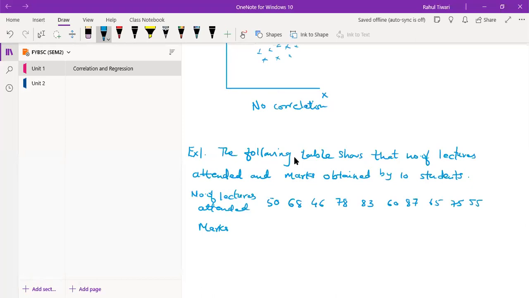And the marks: 61, 75, 54, 80, 80, 85, 68, 90, 72, 75, 60.